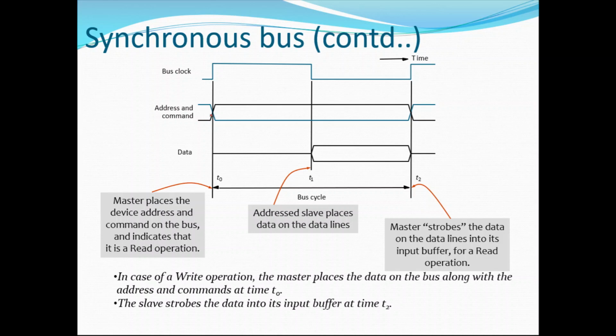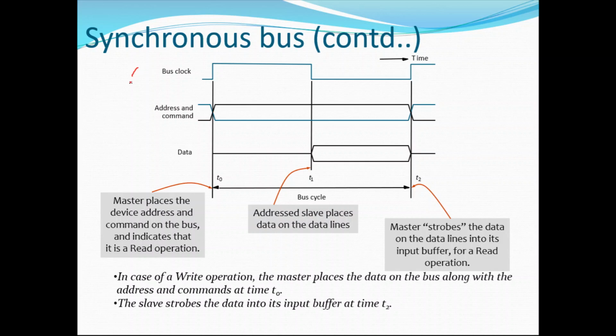You see here it is said that the bus master is keeping the address and the command on the address bus and the control bus at time t naught. Then immediately it is shown that it is available at time t naught, but that may not happen. It may arrive with a delay, okay.